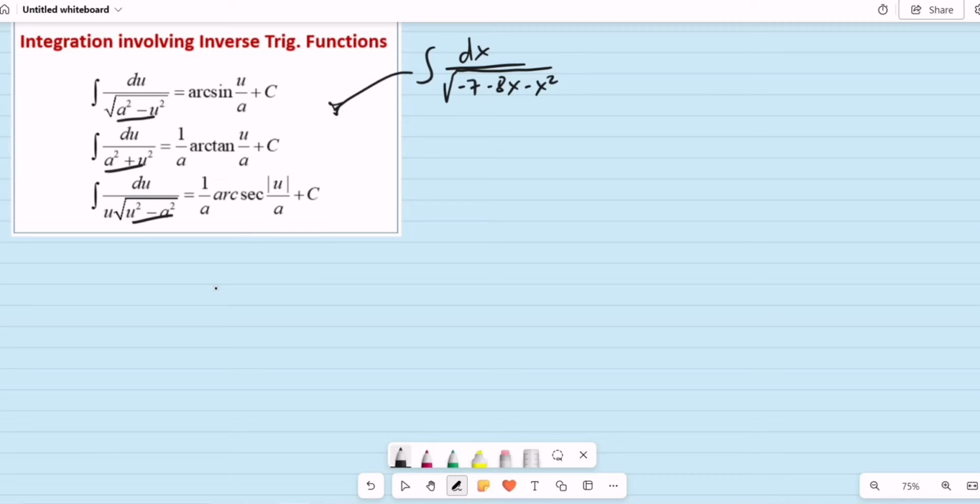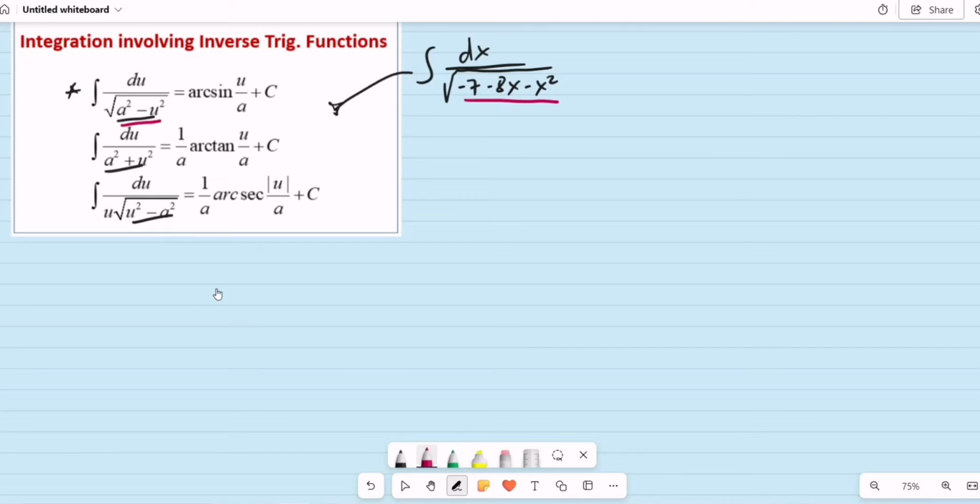But for this one, the applicable formula is the first one, the arcsine of u over a plus c. All we have to do is express the terms inside the square root sign, or the radical sign, similar to this one.